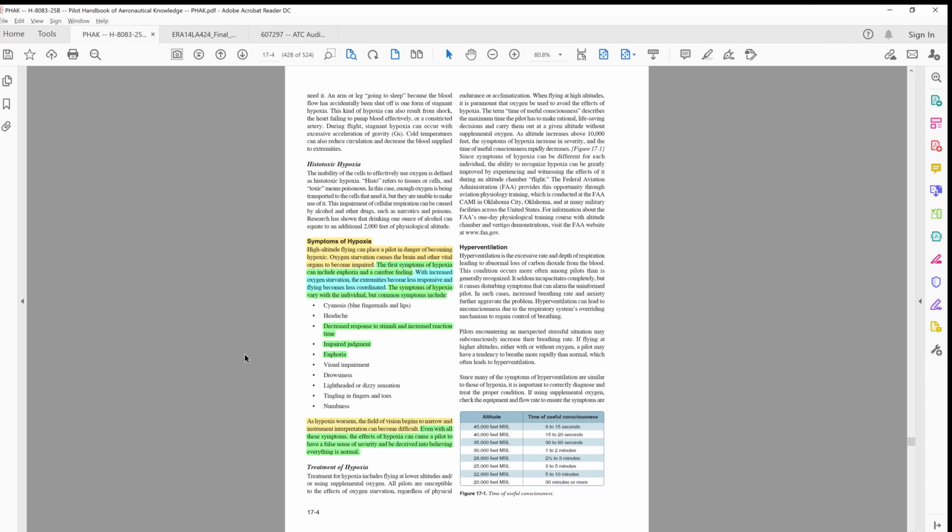Symptoms of hypoxia. High altitude flying can place a pilot in danger of becoming hypoxic. Oxygen starvation causes the brain and other vital organs to become impaired. The first symptoms of hypoxia can include euphoria and a carefree feeling. Well, gee, that's going to make our job real easy, right?